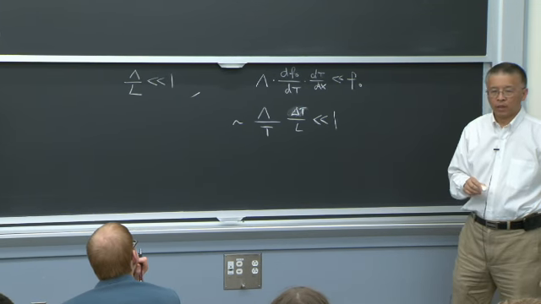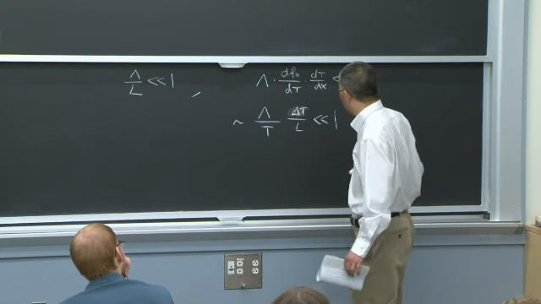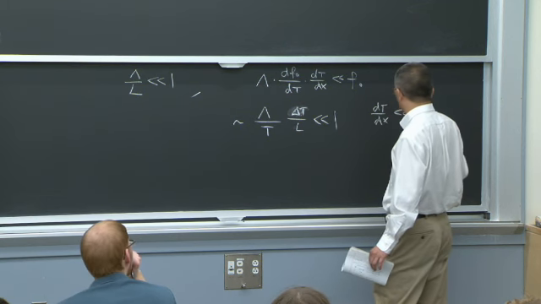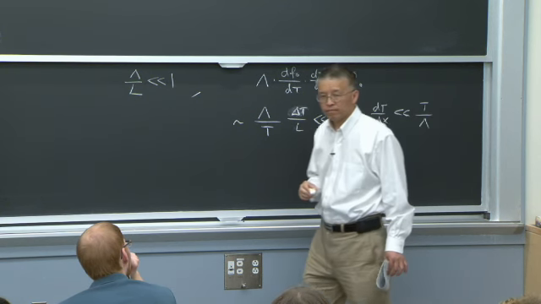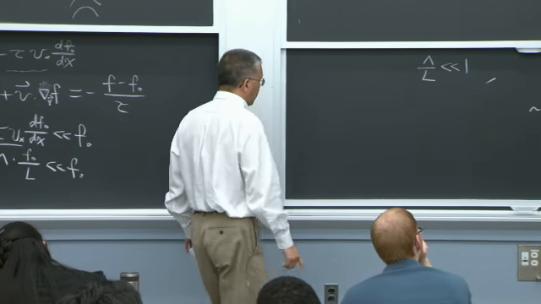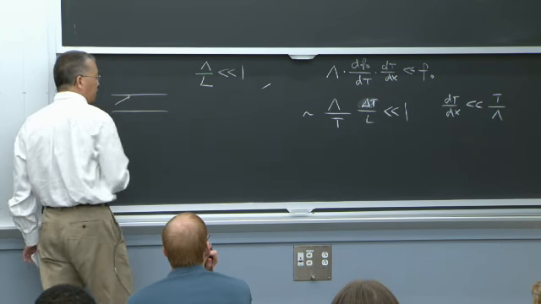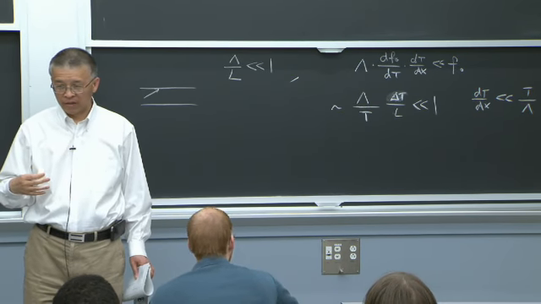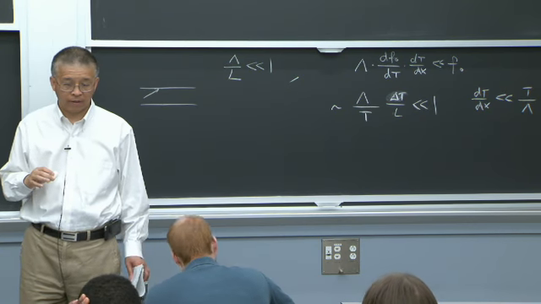So what I'm saying here is the gradient dT/dx should be much less than the temperature over the mean free path. The reason I say this is, for the film case, it's very easy. If the mean free path is longer than the film thickness, I will have a size effect, and I'm concerned that the local equilibrium assumption may not be valid.